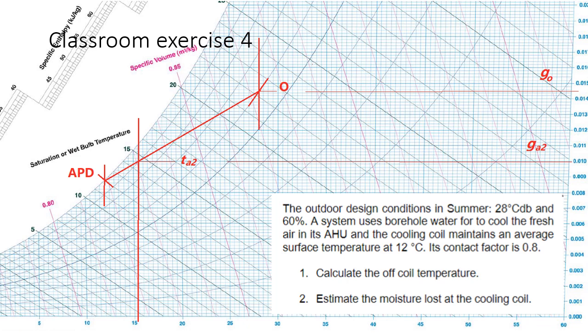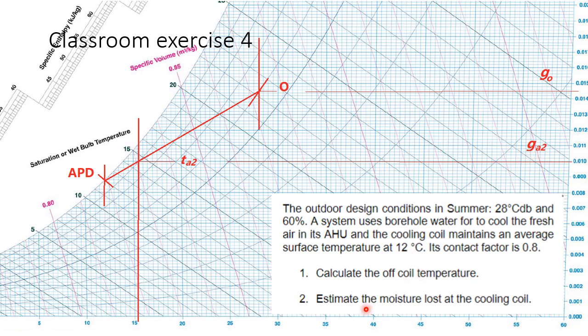If the contact factor is very small, the off coil temperature will be close to the O. If the contact factor is close to 1, it will be close to the ADP. Okay, but now 0.8 is 20% close to ADP, 80% away from the outdoor. So this is the off coil state for off coil air, and the moisture content is GA2.